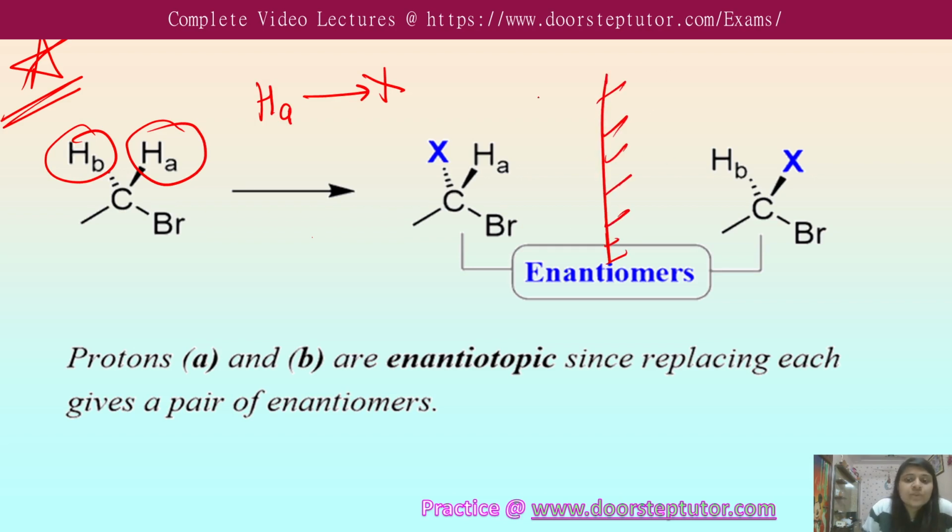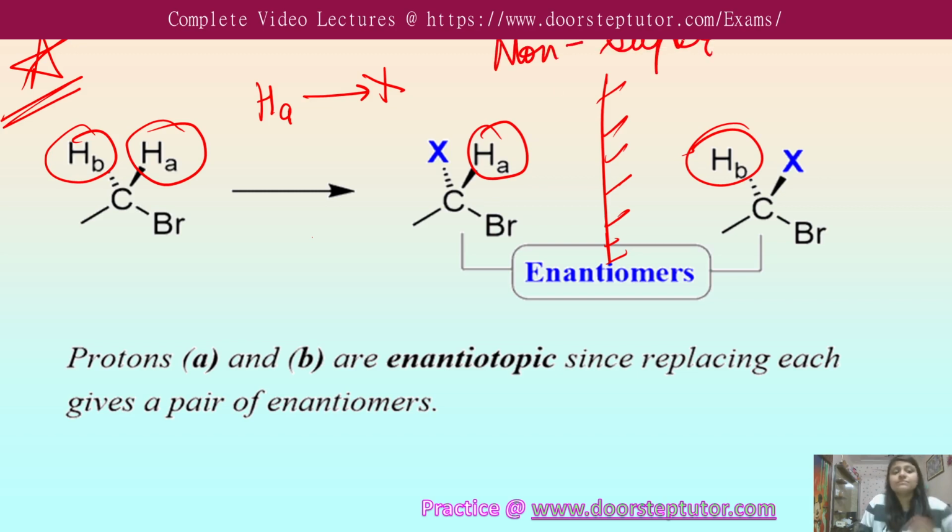Because HA can reflect HB and X can reflect X. So if the final products after the replacement form non-superimposable mirror images, then we can say that these two hydrogens are enantiotopic.